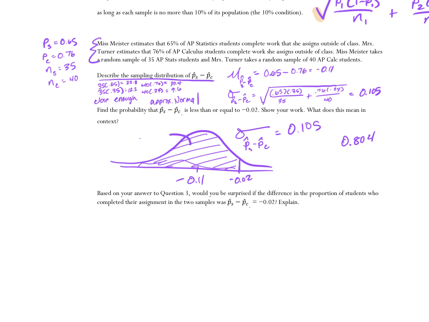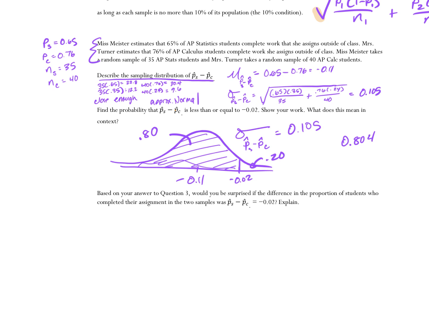That means we had 0.8, and I'm going to just round that to easy percentages, okay? Are you with me that this is essentially saying that 80% of the time we're going to get something lower than the 0.02 and 20% of the time we'll get something above?